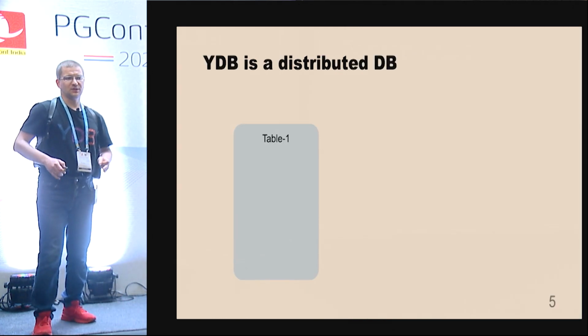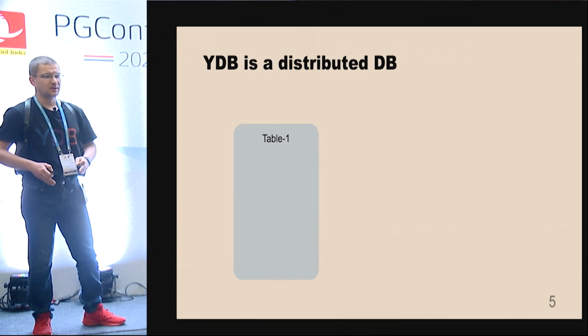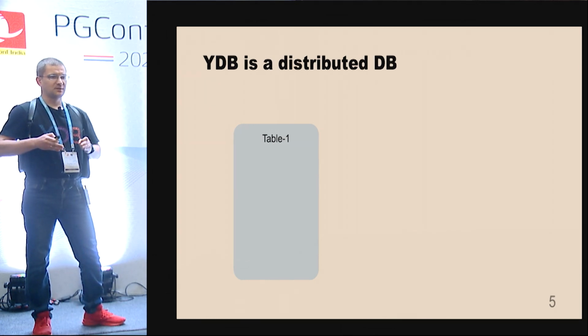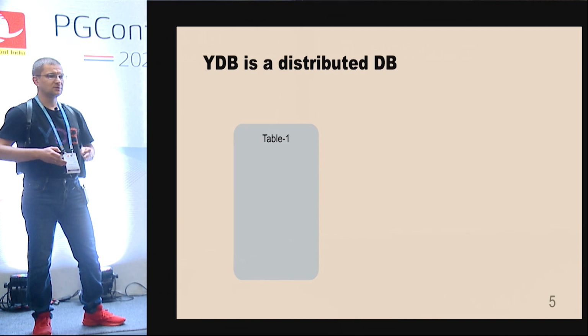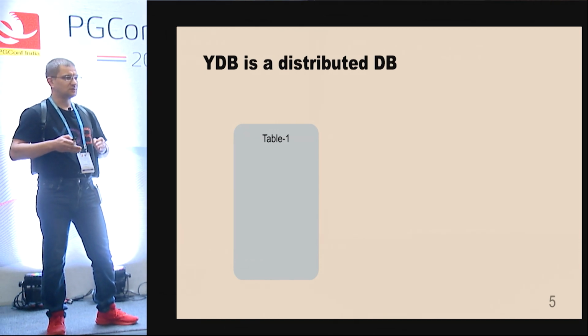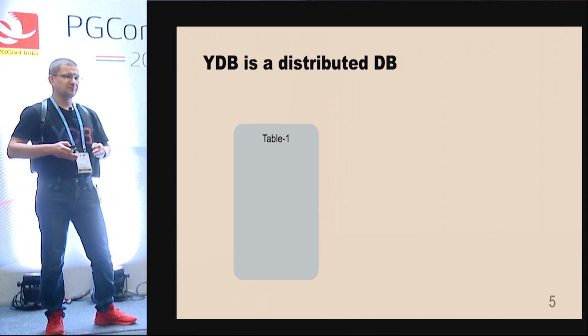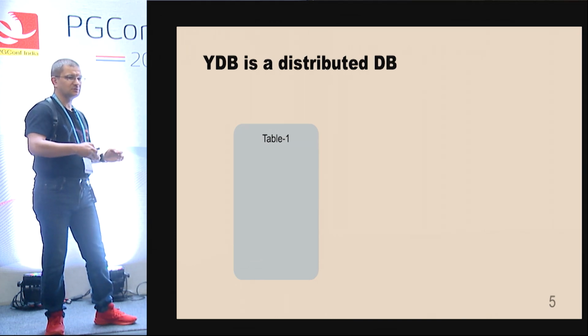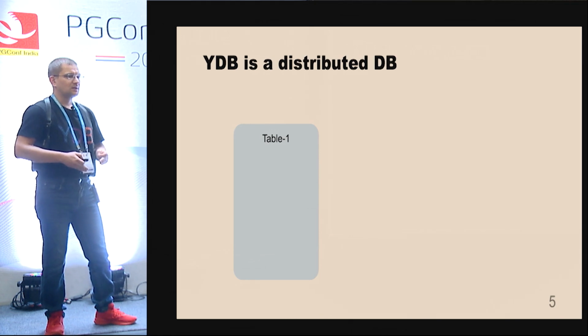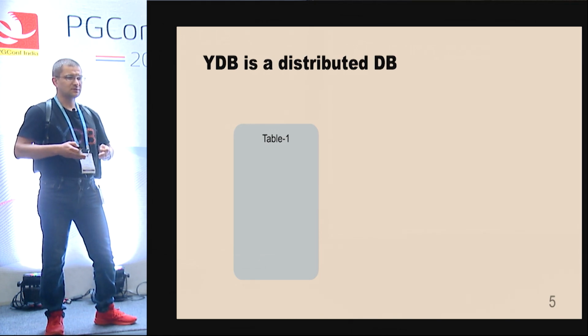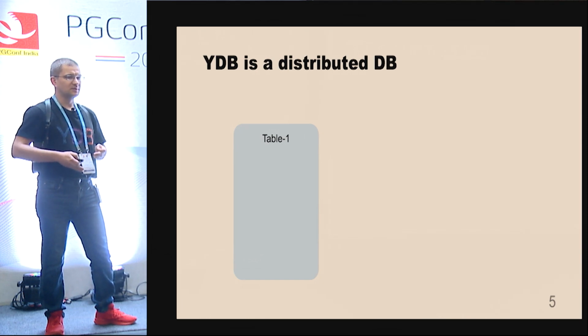YDB is a wide distributed database, and its main goal is to store and serve a lot of data. One table with many petabytes of data is okay. It is a normal situation for Yandex, and no single server needs to host a full table.